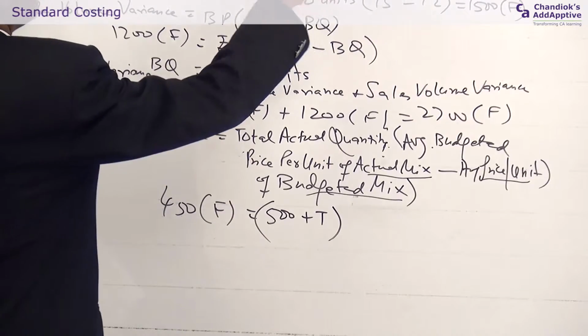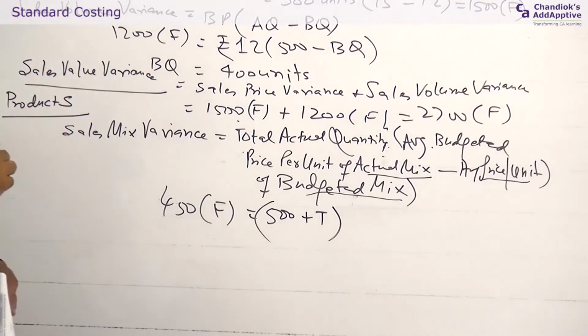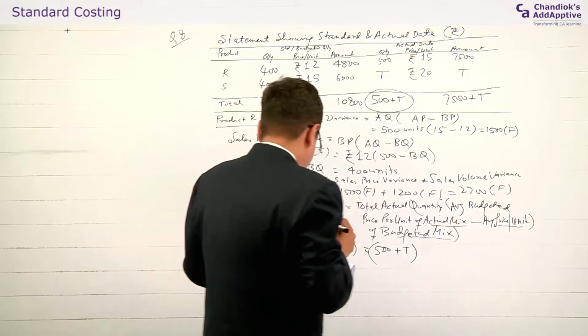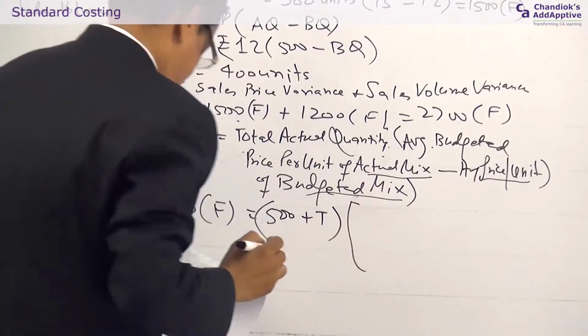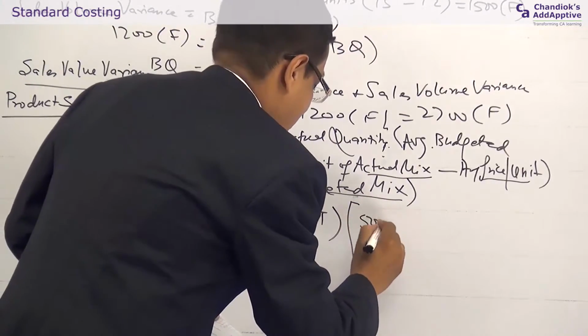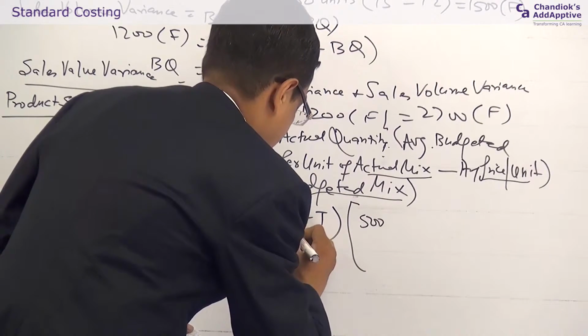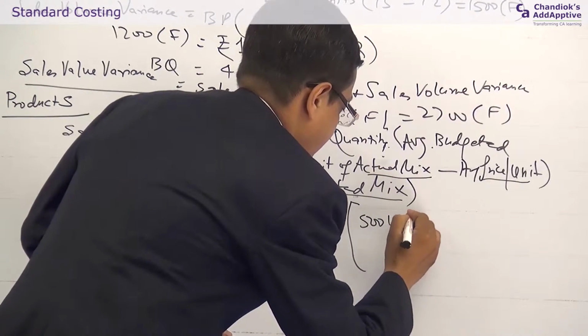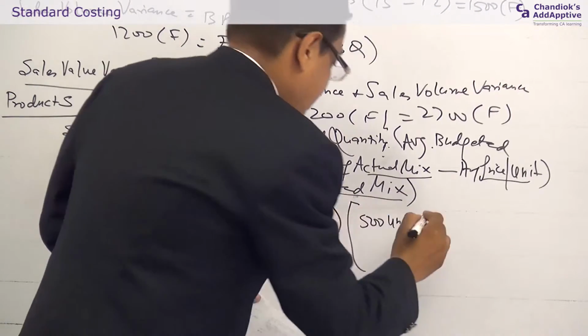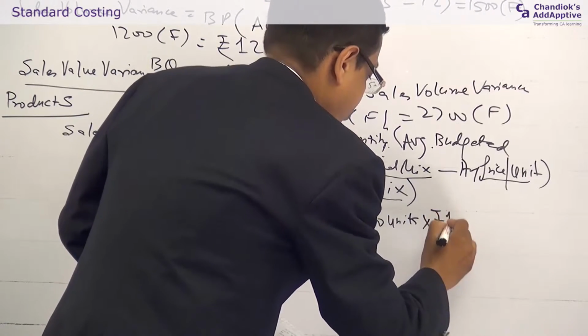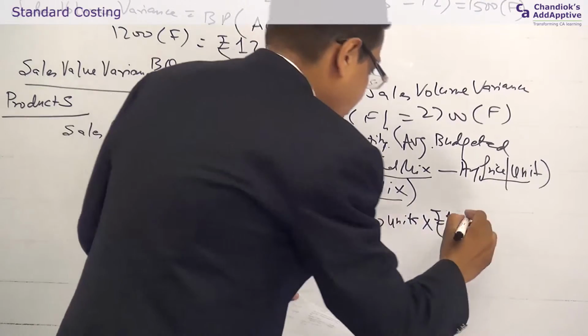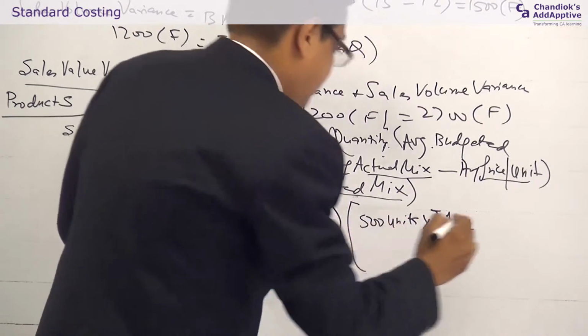So, 500 units plus T, this part is there. I multiply this with 500 units into 12 plus T units.